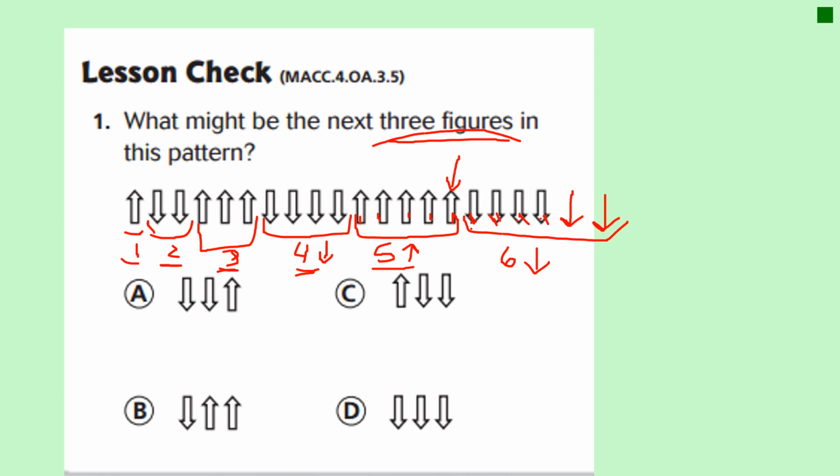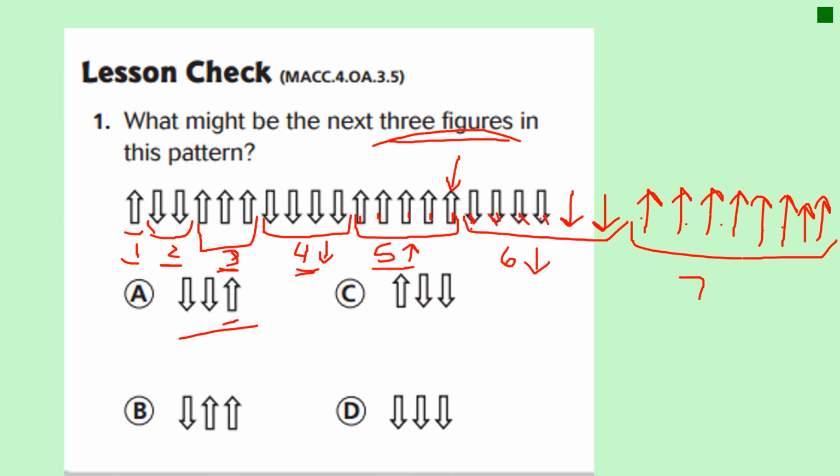Now let's look at our choices. Oh, there's only one that has 2 downs, right? Does it make sense? And then they have the next one that goes up. Yeah, it does, because next would be 7 arrows going up, right? 1, 2, 3, 4, 5, 6, 7. I could barely fit that one in. 7 up.